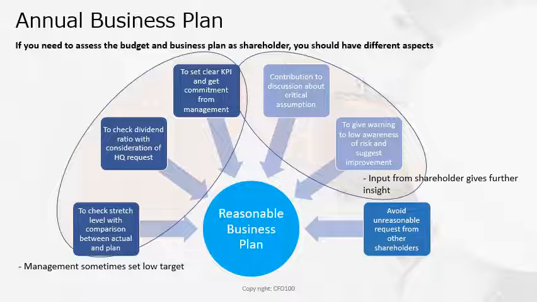For example, a shareholder having another trading business with the company makes the company a cost center to supply the product at a very cheap price. In such a case, you need to raise the issue and keep the company's direction on the reasonable side to maintain it as a going concern.